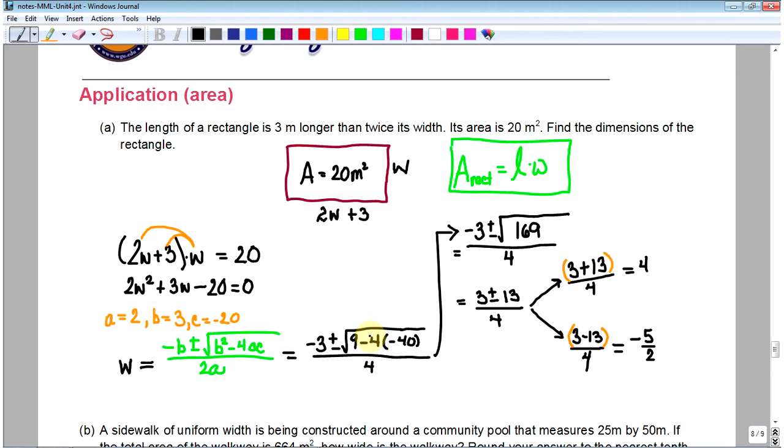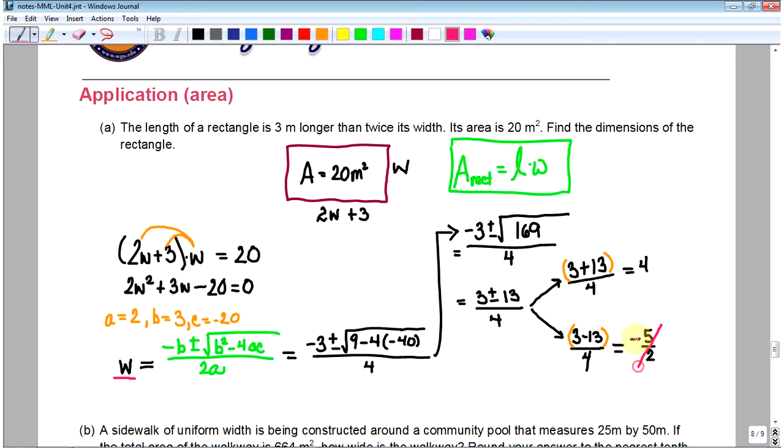Okay, so let's look and see what we're looking for. We want the dimensions of the rectangle, so we're looking for the length and the width. What we just found are the possible values of the width. But width has to be positive. You can't have a negative width or length.